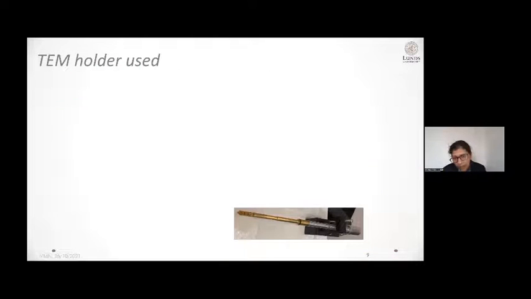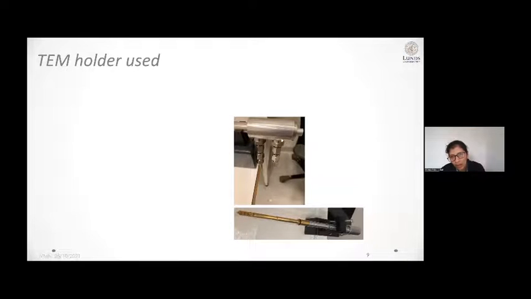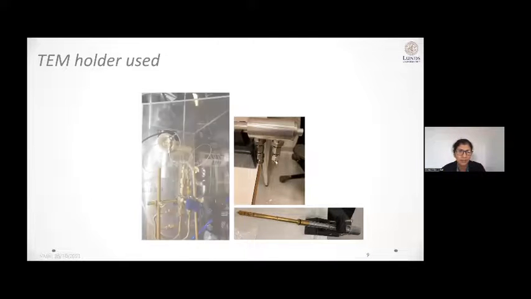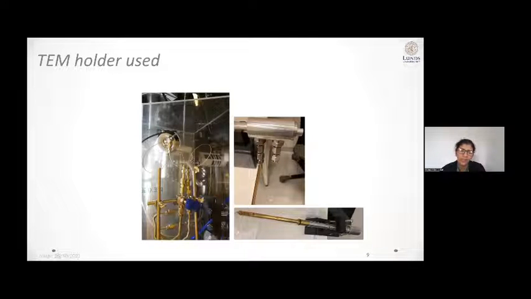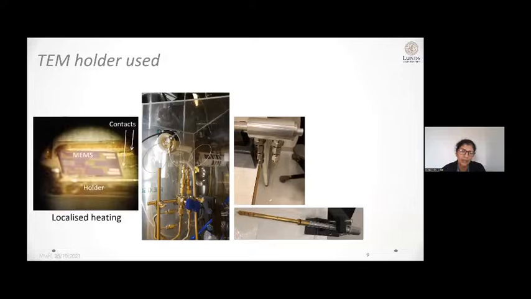Now, the holder that we use has two tubes at the back end of the holder through which the gases are supplied, and we can put it into the TEM, and at the front of it there is a locally heated MEMS chip.